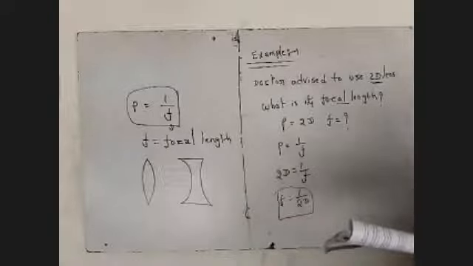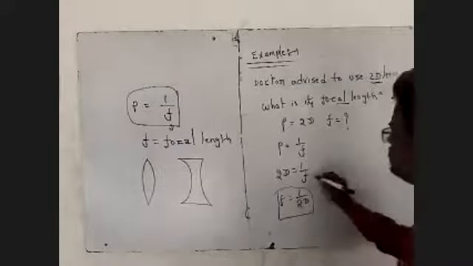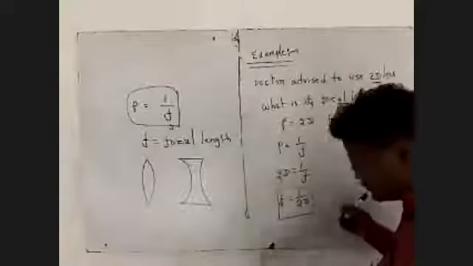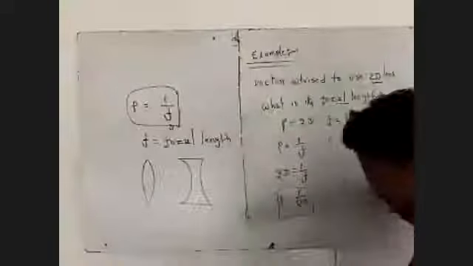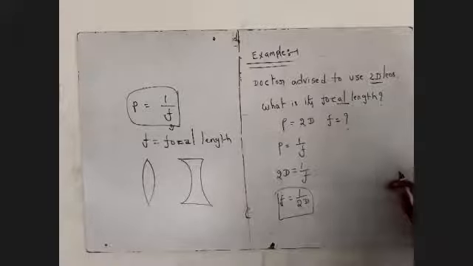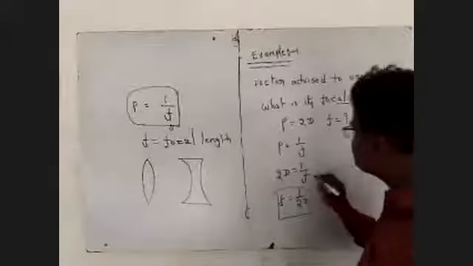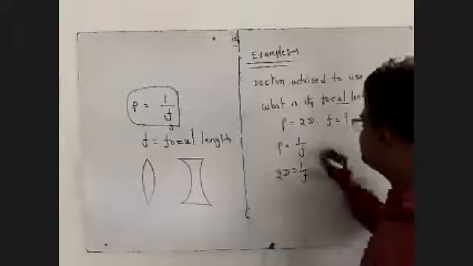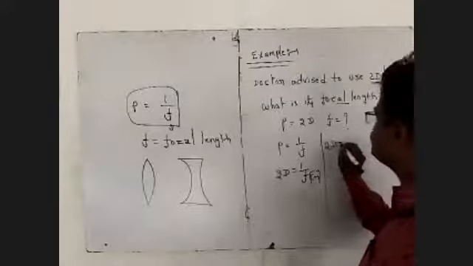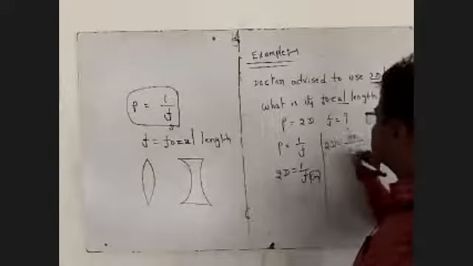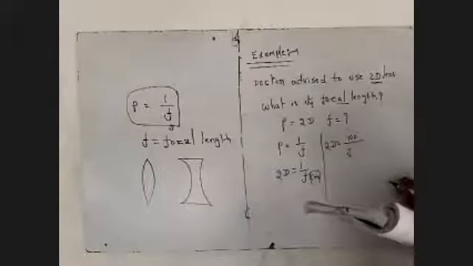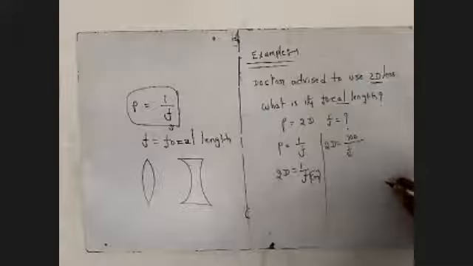Suppose we need to calculate the focal length in centimeters. So we need F in centimeters. How can we calculate it? 2D is equal to 100 by F in centimeters.